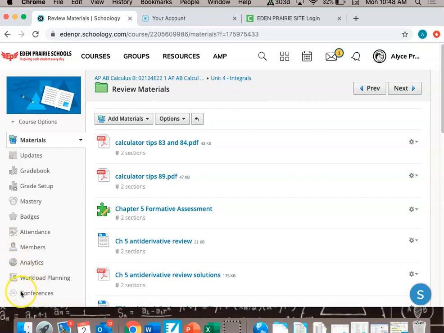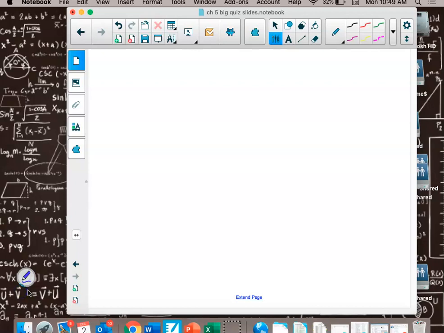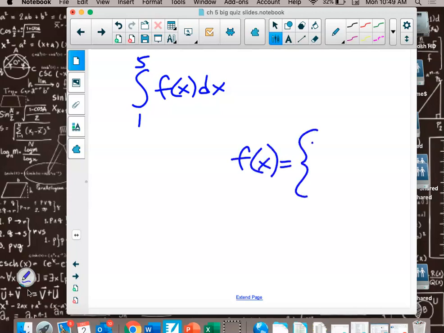Okay, let me do a quick piecewise integral. So if we do the integral of f of x dx from 1 to 5, and suppose f of x equals x plus 2 for x less than 3, and equals x for x greater than 3. I'm going to use nice, easy functions. The problem is this function is valid for all the x's less than 3, and this function is valid for all the x's bigger than 3, right?